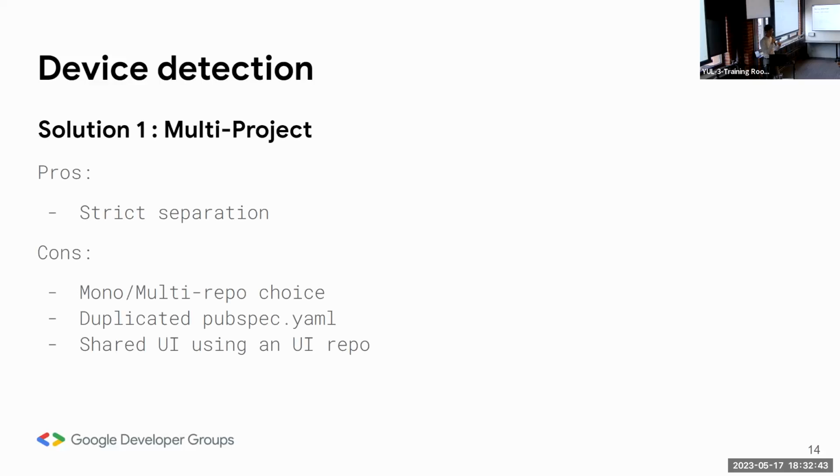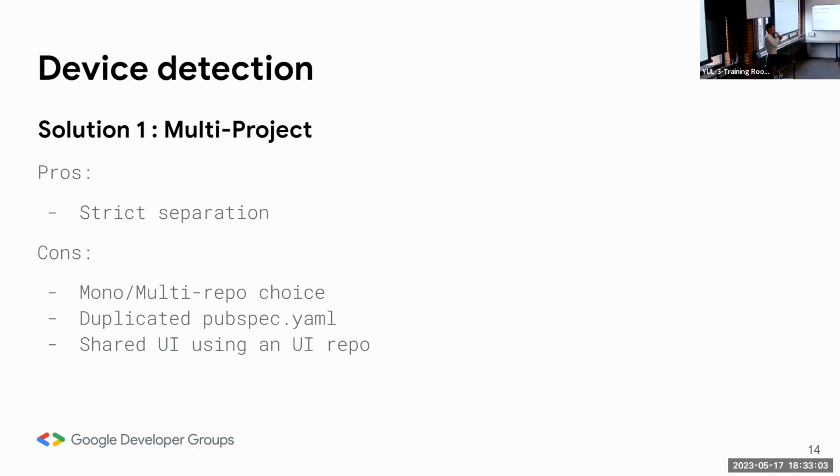The first solution would be to create three different projects, a Flutter project for each. So you have a strict separation, that's good. You know exactly what you are building. It works, I think.